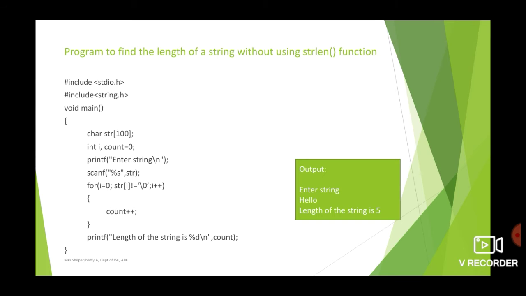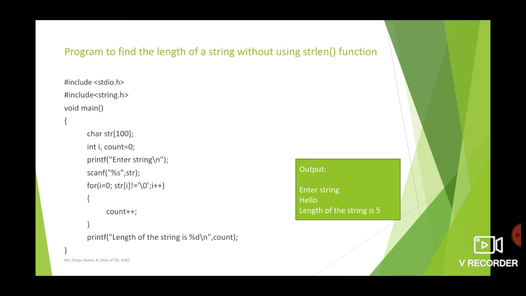The first character is not a null character, so we will increment the count to 1. Next, coming to the next character, again it's not a null character, so we will increment the count to 2. Likewise, when we reach O, it's not a null character, so we increment the count to 5. Next time we get the null character, so we will stop, and the latest value of count is 5, so that is the length of the string.